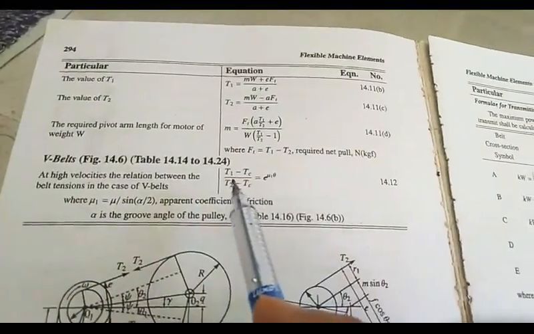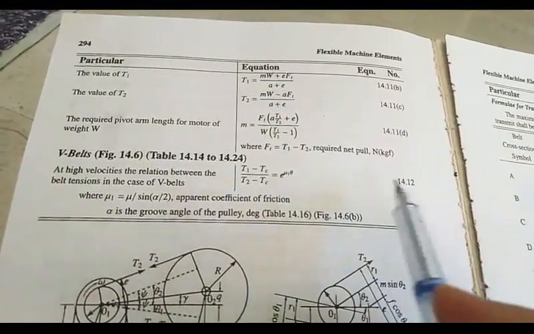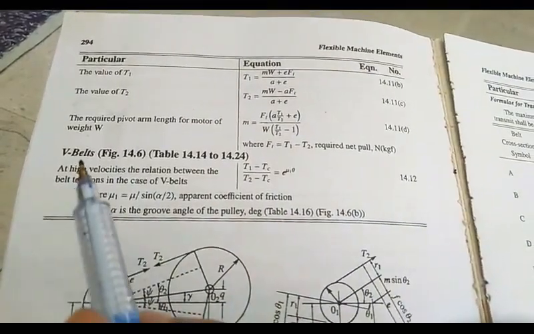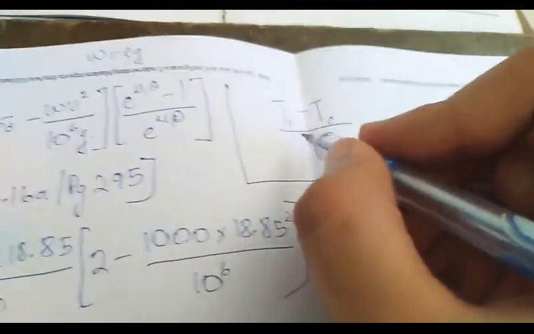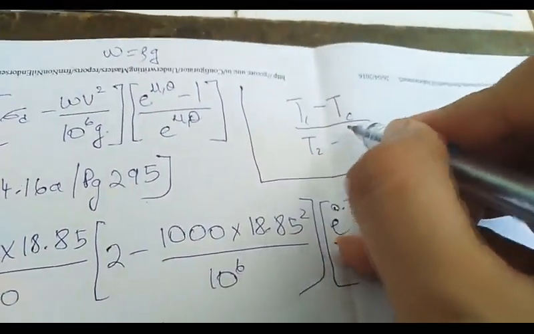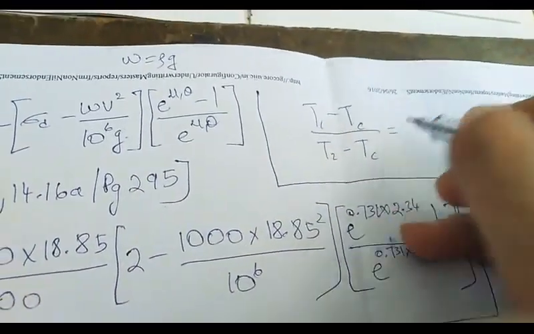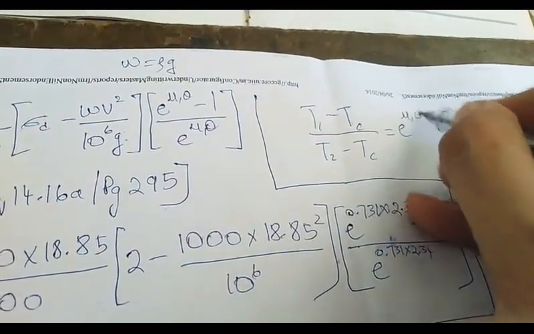Now from the data handbook we shall take the formula for belt tension considering the centrifugal tension TC. For V belts, page number 294, equation 14.12: T1 minus TC divided by T2 minus TC is equal to e power mu 1 theta.